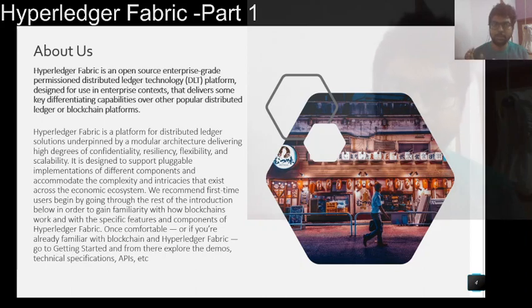Since we use this for enterprise, all these capabilities are there, and it also has pluggable support for doing different things in the ecosystem. If we are a first-time user in blockchain and want to create a blockchain solution, this has a lot of specific features, like ready-made tools that make it easy to implement Hyperledger Fabric, with technical documentation, demos and APIs.